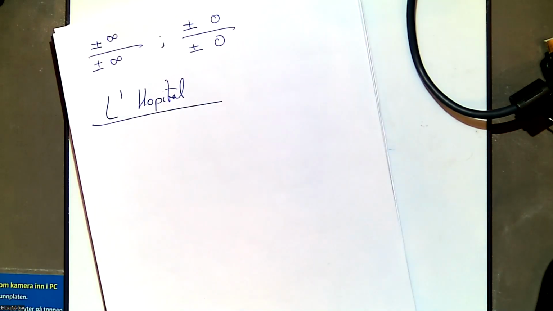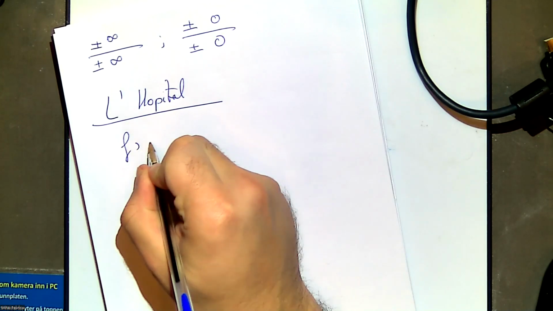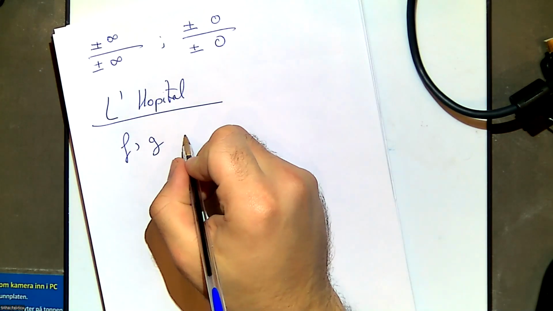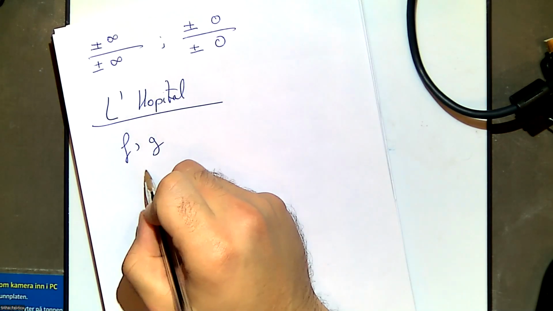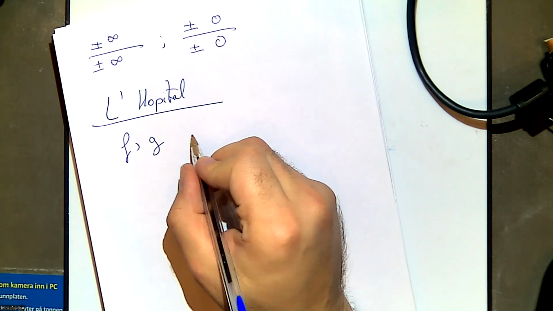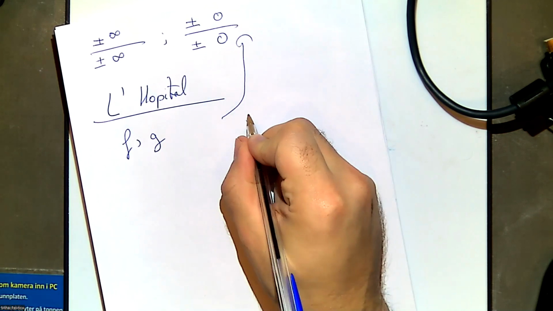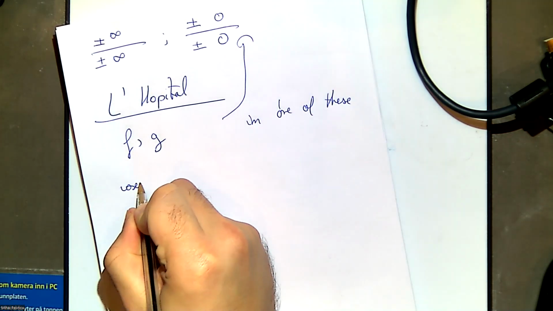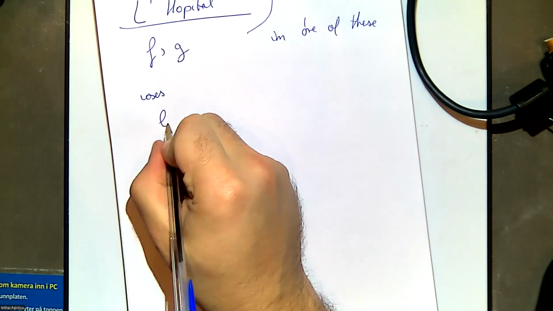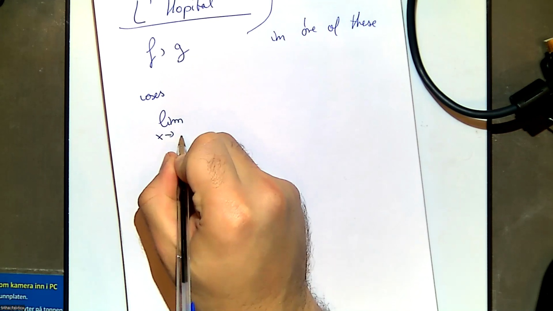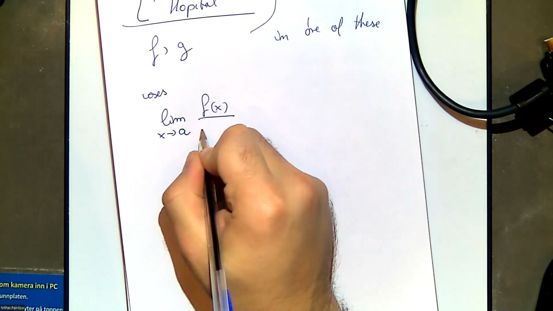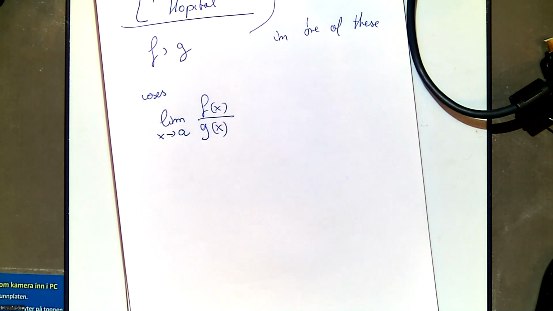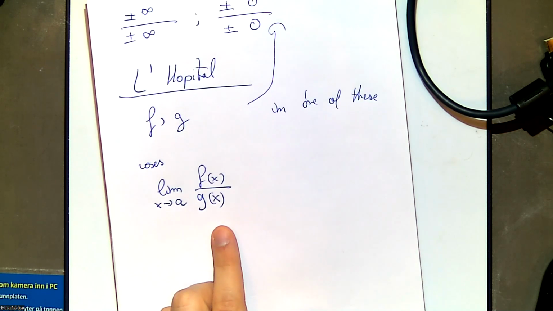And what does it say? It says, well, if you have f and g, I guess this is L'Hopital extended, but I never knew that before, so I'm not going to force you to know. But if you have f and g, two functions, in one of these cases, then you have to compute the limit as x goes to a of f of x over g of x. And this is the case, for example, if f of a goes to infinity and g of a goes to infinity.